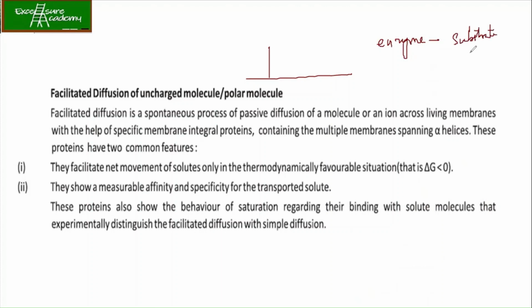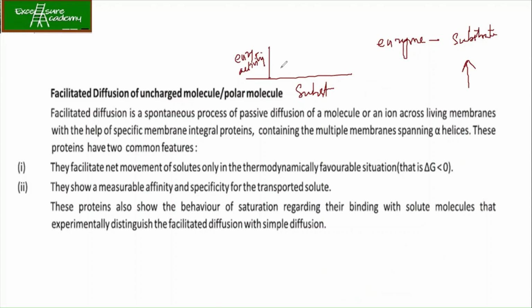Okay. So what will happen if the substrate concentration increases? Suppose let's say that यहाँ पे आपका substrate concentration है and यहाँ पे आपका enzyme activity है. So what will happen?